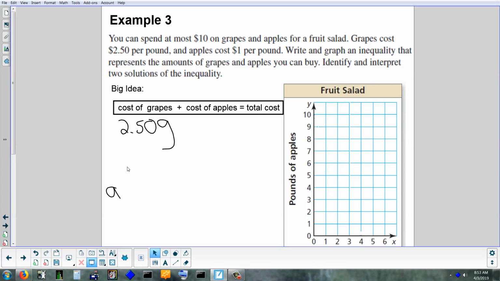Because it says you can spend at most $10 on apples and grapes, that's how Mr. Hager knew it was plus. How much do the apples cost? $1. What variable will be attached? A. Then it says equals.